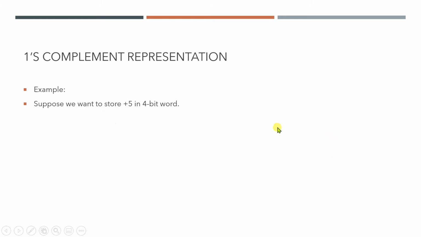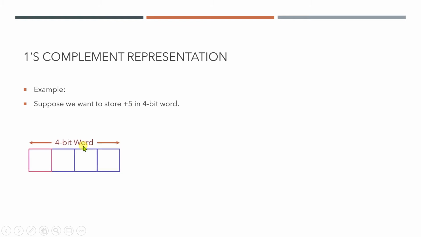Okay, so let us take an example. The first example that we are going to take is plus 5 in 4-bit word. I would like to convey one thing over here, that in ones complement representation compared to sign magnitude representation, the positive number representations are same. So it is quite similar to the signed magnitude representation.